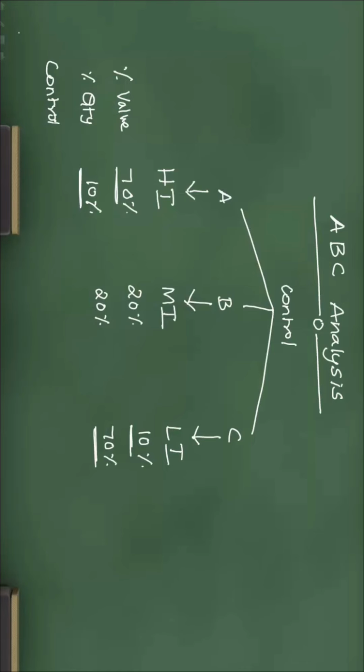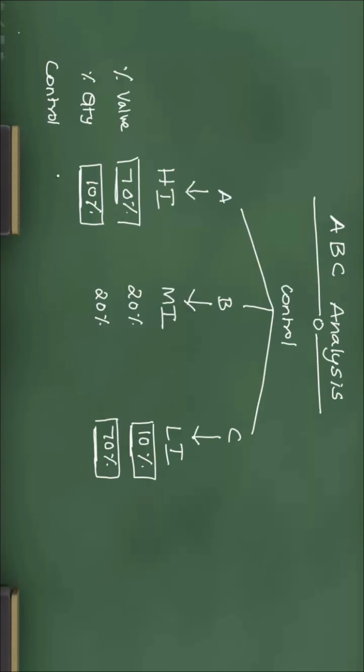It is not going to reward us if all our attention is on this 70% because its value is only 10%. So our more attention should be on those materials, though they are only 10% in quantity, their value is 70%. So how should our control be?